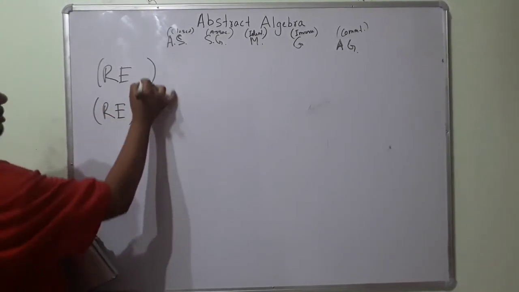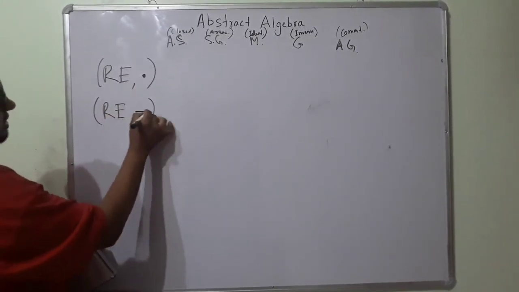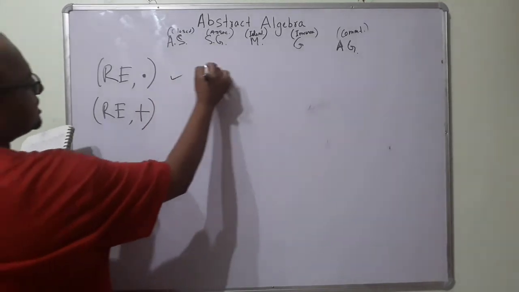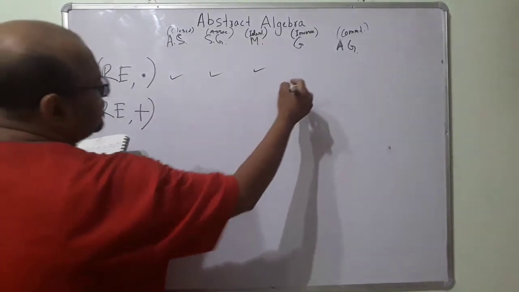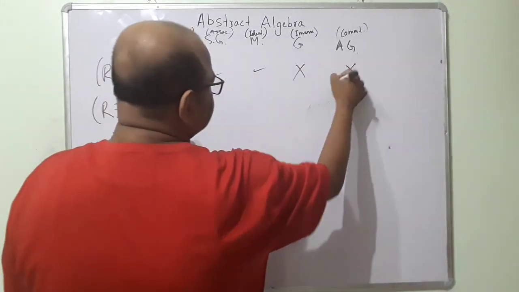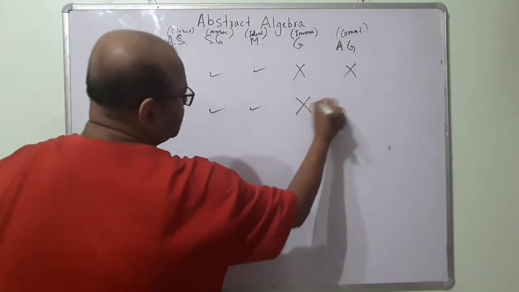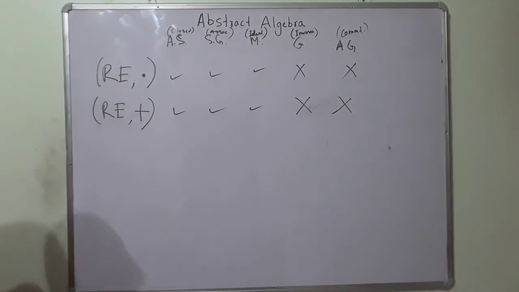Two operations are concatenation and union. Okay, so concatenation is also a monoid. It's not a group, it's not an abelian group. Similarly, union is also a monoid, it's not a group, and hence it's not an abelian group.